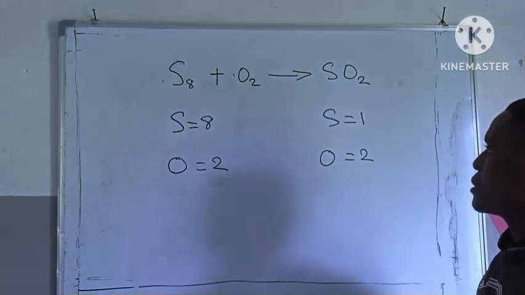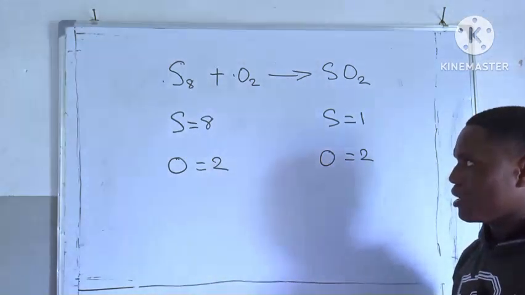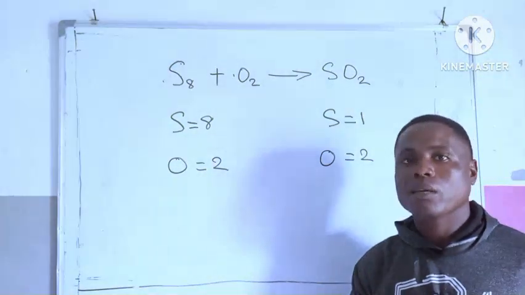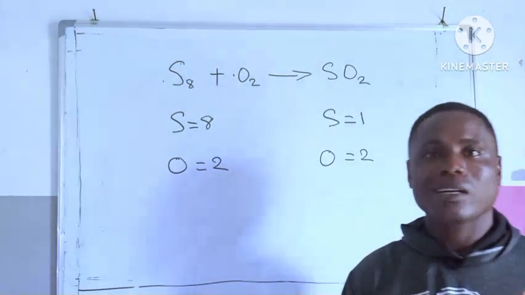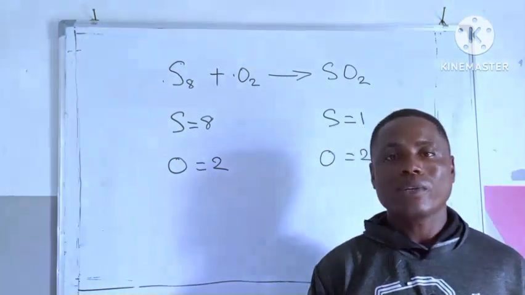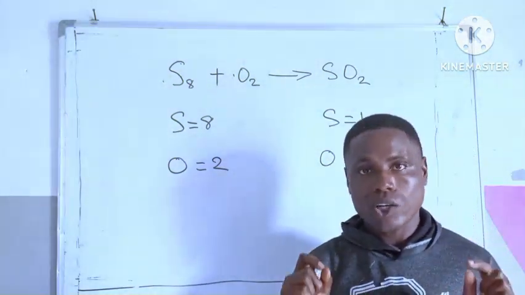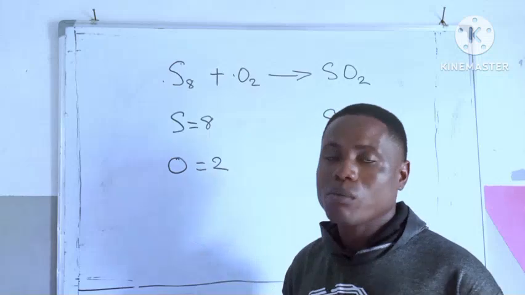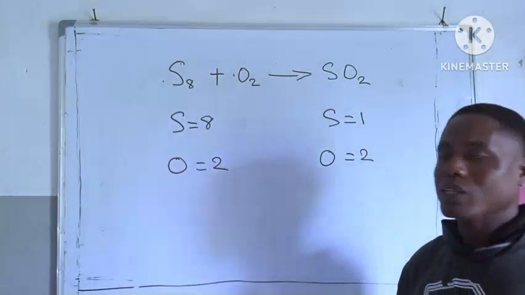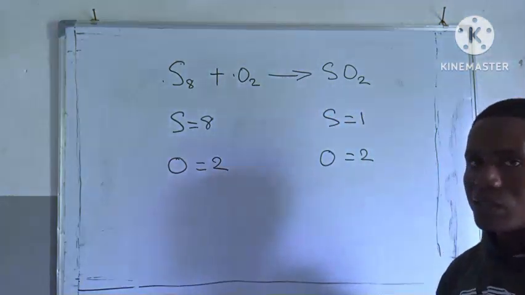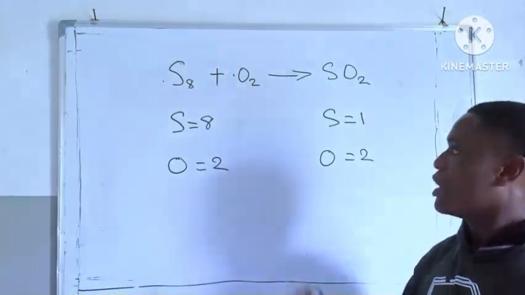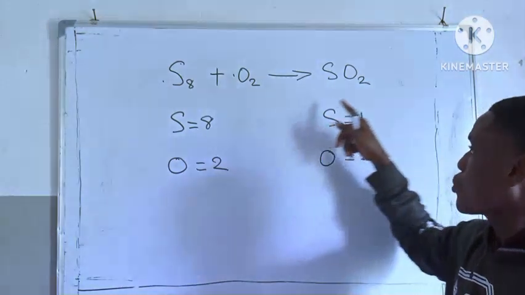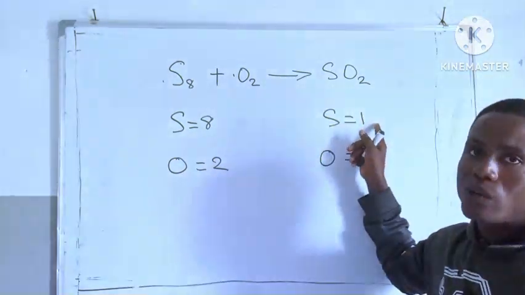So the next thing is, let's check if the equation is balanced or not. Now, before a chemical equation is classified or regarded as a balanced equation, the atoms on your left side must be the same with the atoms on the right side. If sulfur here is 8 on the left side, sulfur here must be 8 on the right side.